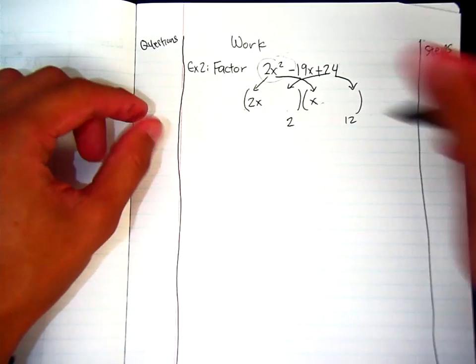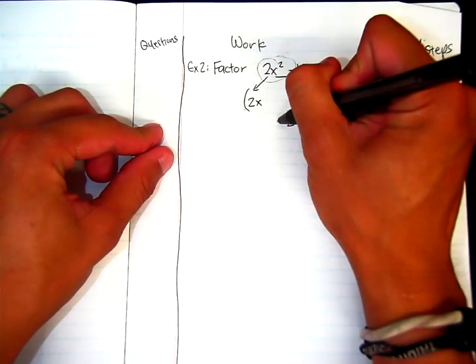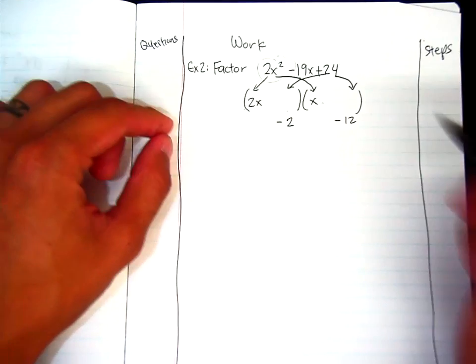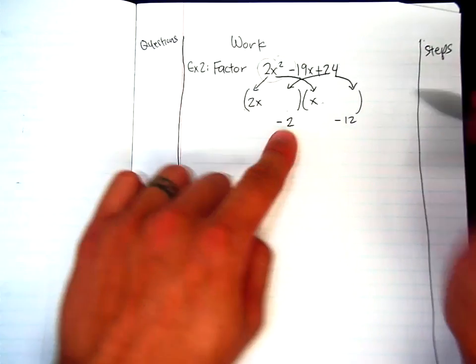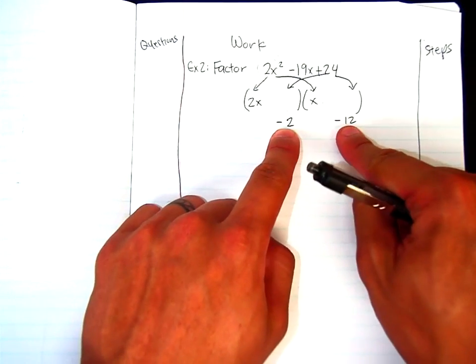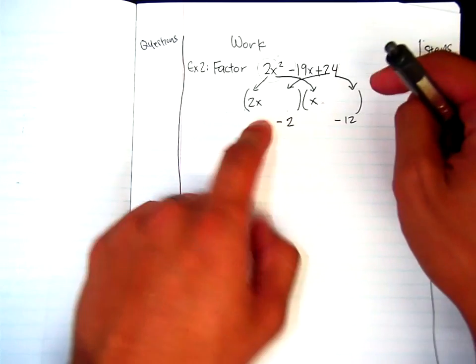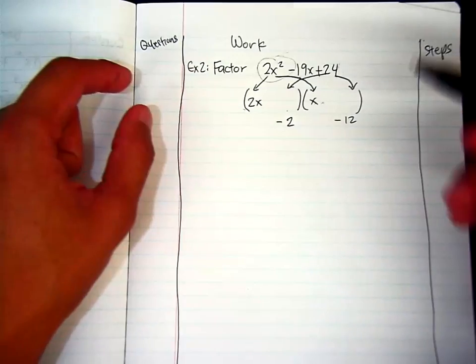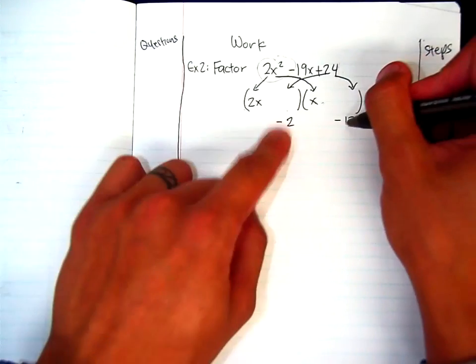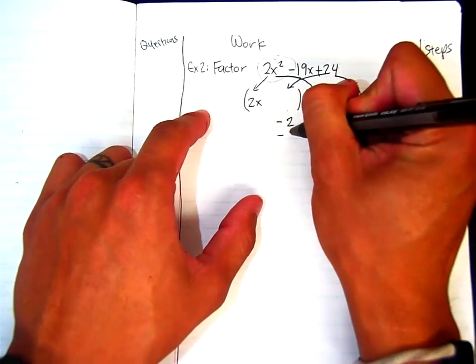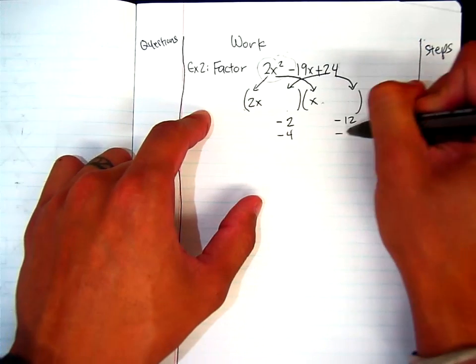So that can't happen. I'm going to guess negative 2 and negative 12, because negative 2 times negative 12 is positive 24, and when I add up stuff, I will get a negative middle term somehow. Or it could be negative 4 and negative 6.